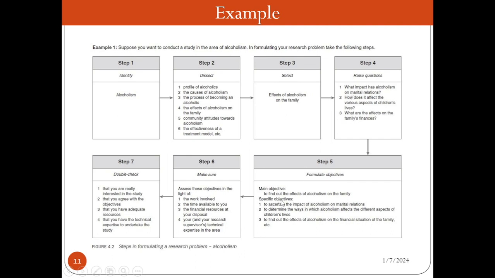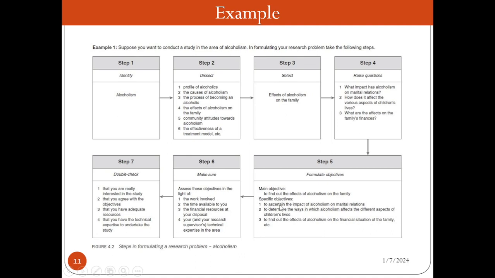So main objective: to find out the effects of alcoholism on the family, specifically on the family. Look here, what impact has alcoholism on the marital relations? Marital relation, in fact, is a kind of family. For example, when a person is married, then definitely he has a family. So marital relation means the family, the relationship between the members of the family, specifically men and women.